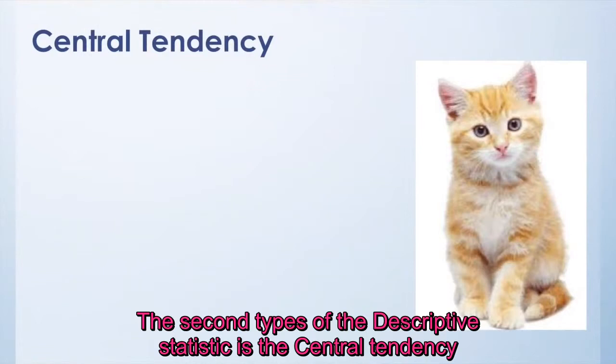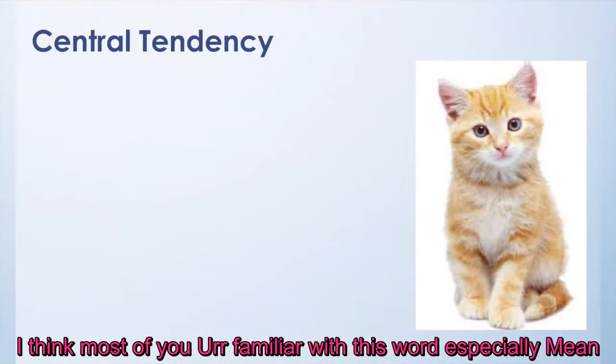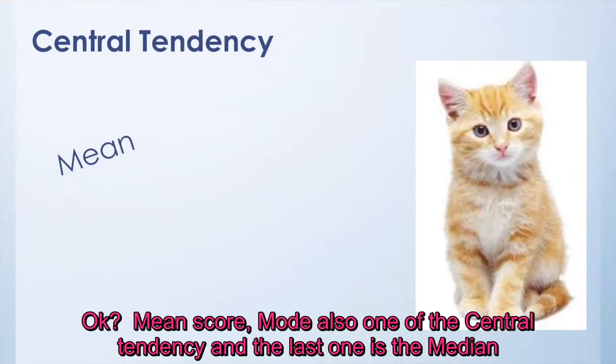The second type of descriptive statistics is the central tendency. I think most of you are familiar with this word, especially mean. Mean score, mode, are also central tendencies. And the last one is median.